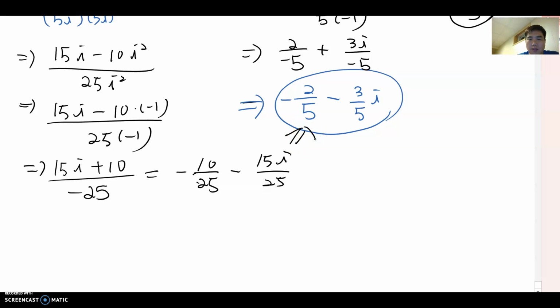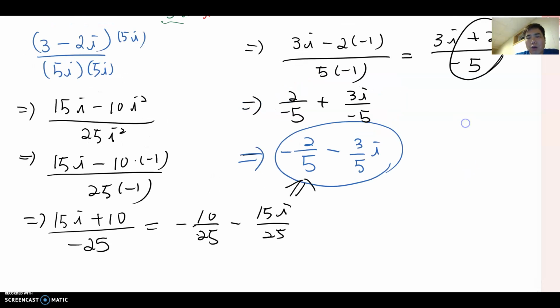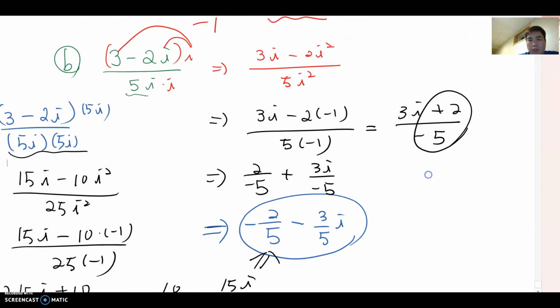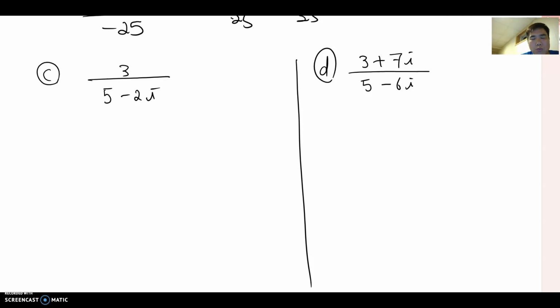There's nothing wrong with multiplying by 5i, but as you see, the numbers get bigger and later you must simplify. However, if you know to multiply by i simply, then your calculation can be much simpler. So let's talk about two more questions.